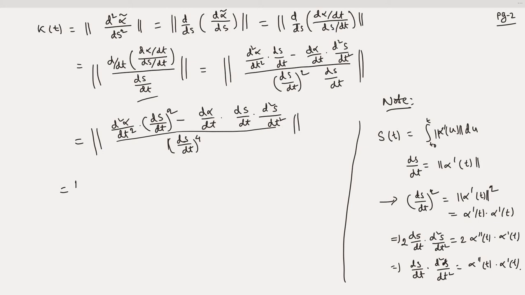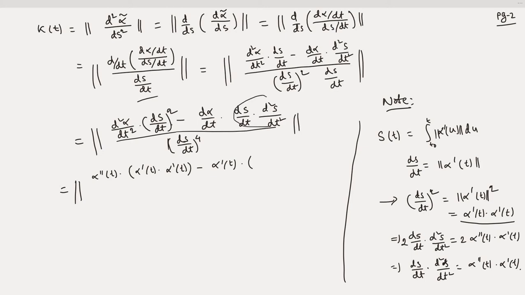So this is equal to the norm of alpha double prime of t times... we replace (ds/dt) squared by alpha prime of t dot product with alpha prime of t, and minus d alpha/dt, that is alpha prime of t, times ds/dt times d²s/dt².